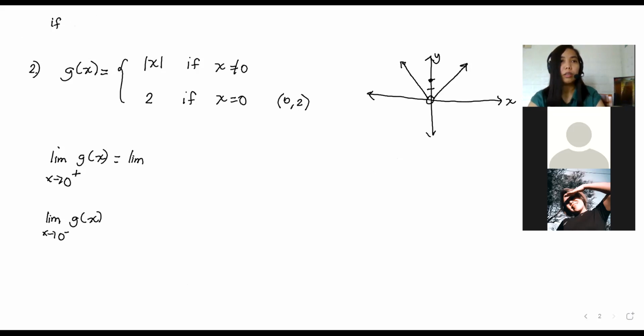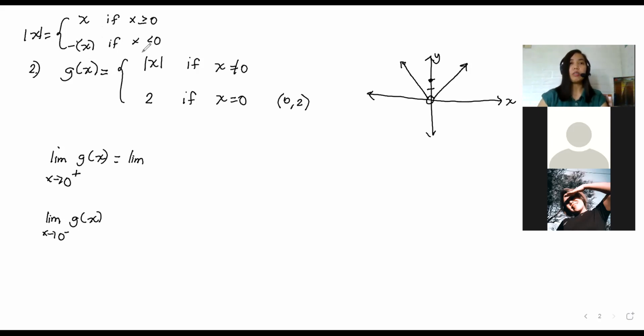For absolute value function, we have x if x is greater than or equal to 0. And it also means that negative x if x is less than 0. Greater than or equal to 0 kasi kasama 0 dito.